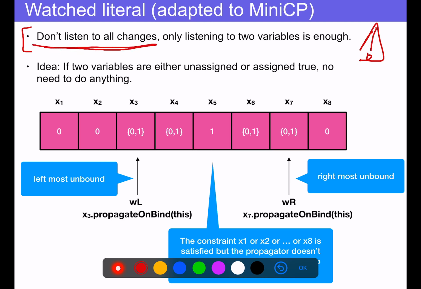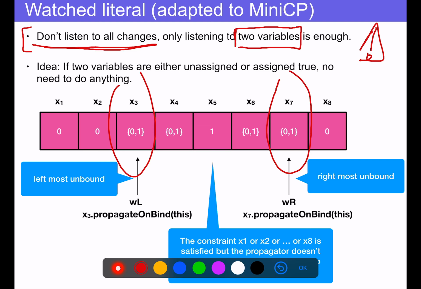We will only be listening to 2 variables in the set of n variables. And the 2 variables that we will listen to are the leftmost unbound variable and the rightmost unbound variable. So this is the leftmost unbound variable, and this is the rightmost unbound variable in our vector.